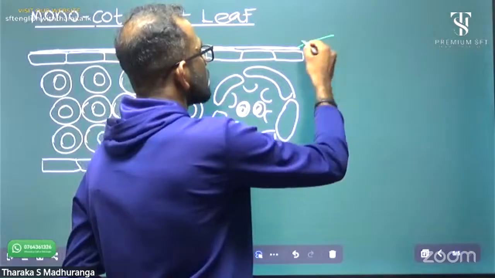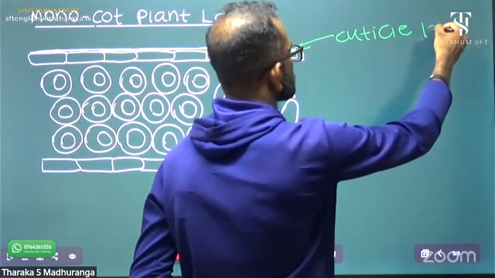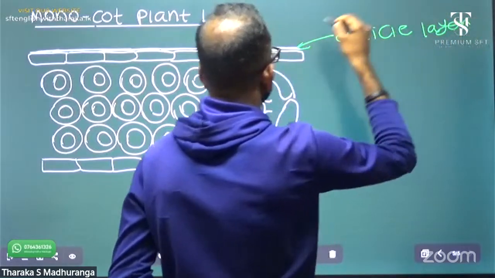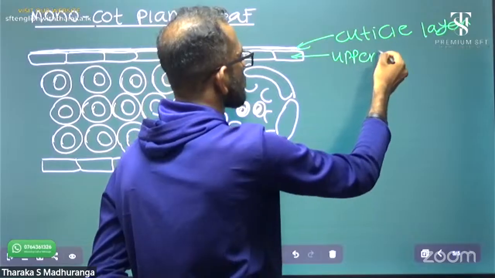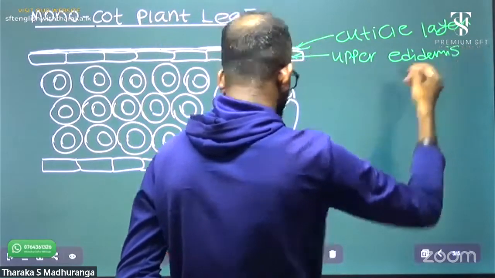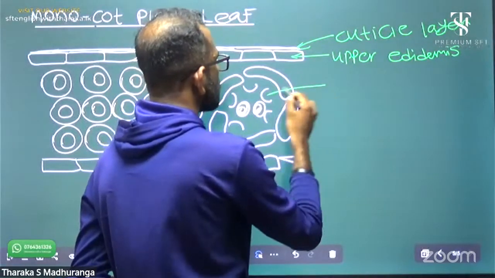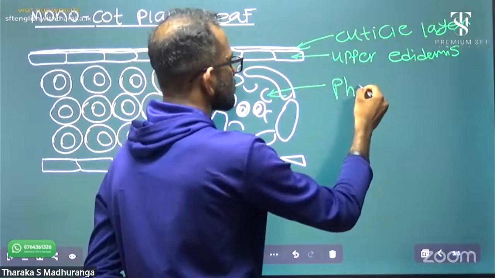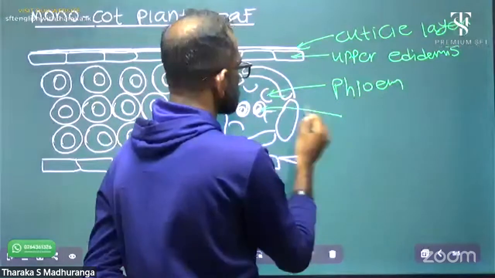Label them: cuticle layer, upper epidermis, phloem, xylem.